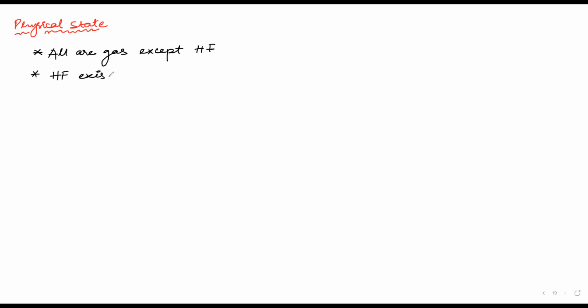HF exists in the liquid state. Can somebody tell me the reason? Because it forms hydrogen bonding. Yes, due to the formation of hydrogen bonding. Please write these things with me.